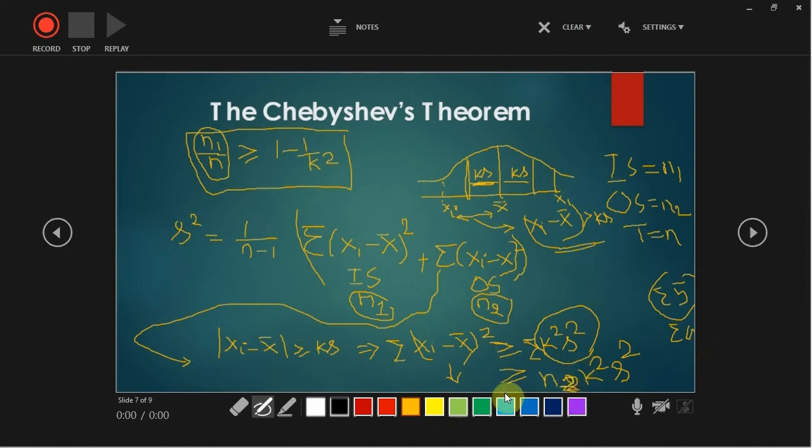So now we take this relationship and substitute it in this formula. The summation of xi minus x bar squared is greater than or equal to n2 k squared s squared, so we substitute here.